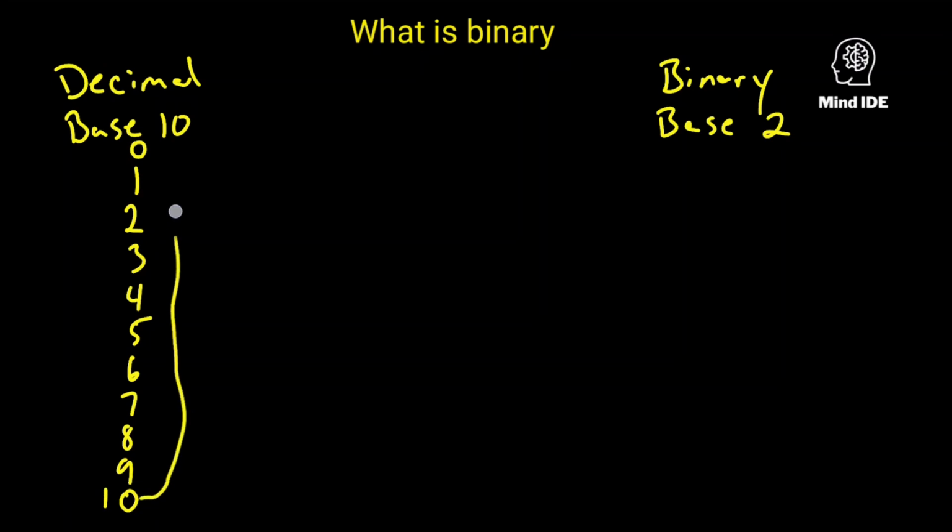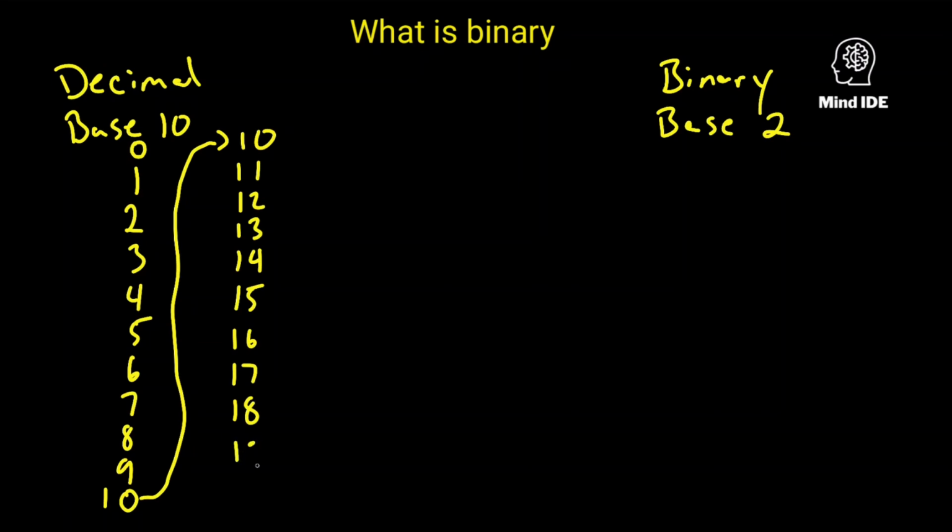And then from there, we would go 1, 0, 1, 1, 1, 2, 1, 3, 1, 4, 1, 5, 1, 6, 1, 7, 1, 8, 1, 9. Right? And then when you get to 19, you roll this back to 0 once again, and we increment this column to 2.